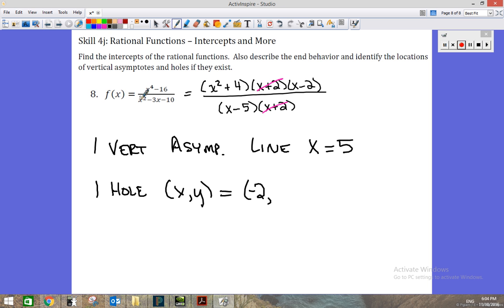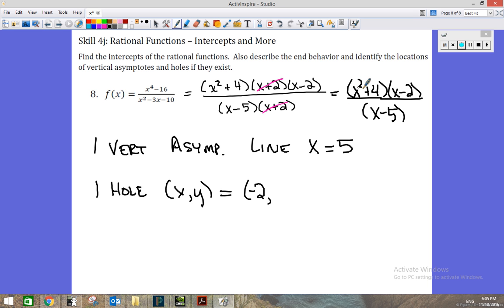If we plug in negative 2 in the original function, you get 0 divided by 0. That's not going to provide us a y. But in this reduced equation here, we have x squared plus 4 times x minus 2, over x minus 5. So what do we get if we plug in negative 2?